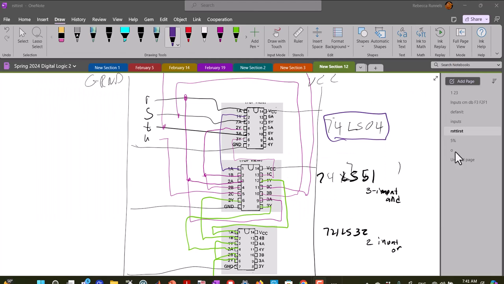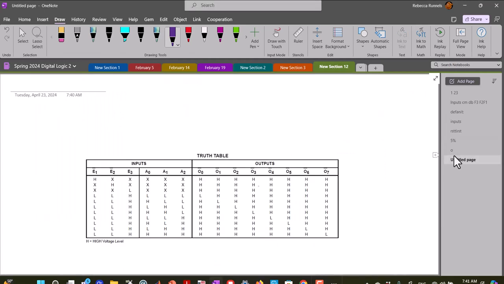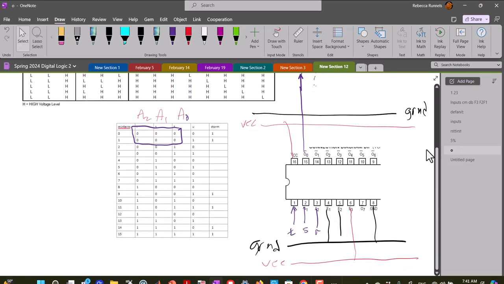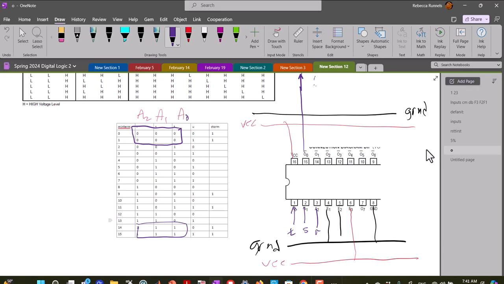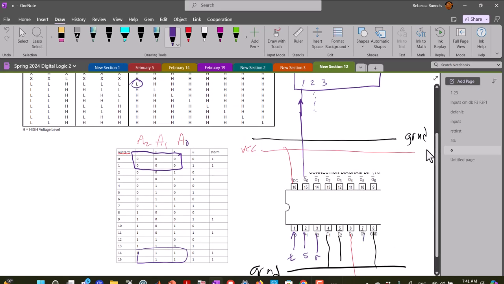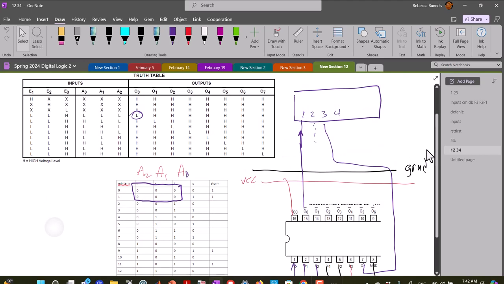And then also 7. We'll want the not of 7. We'll have the output from pin 4.